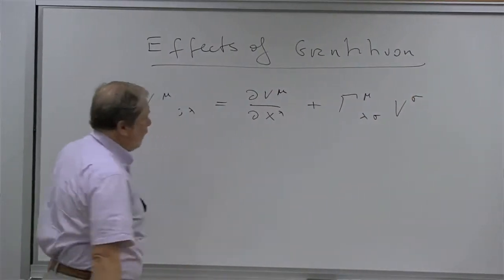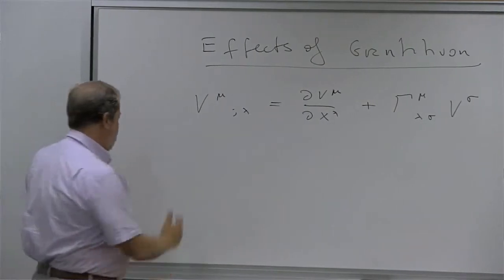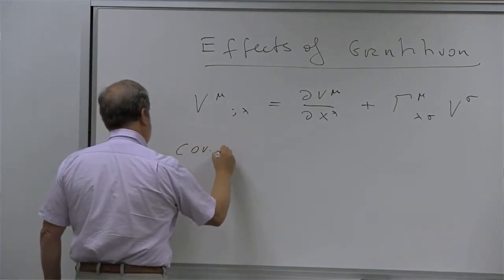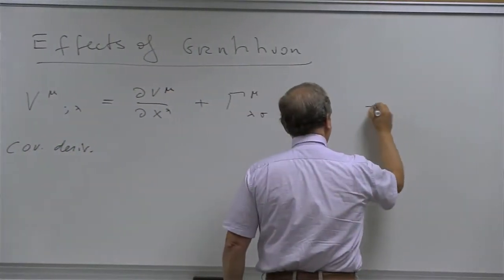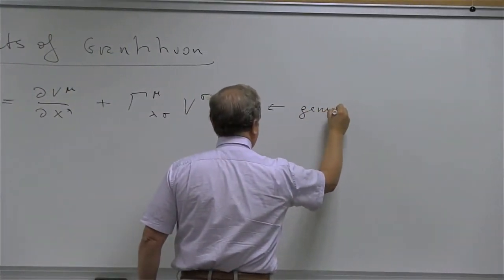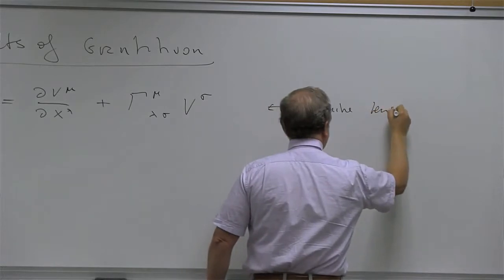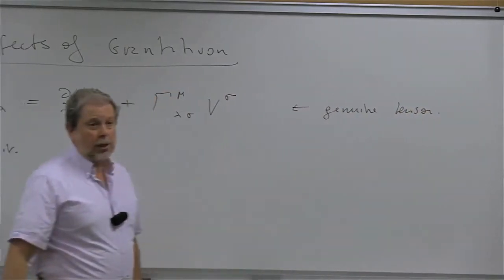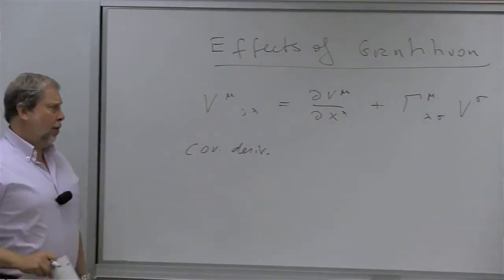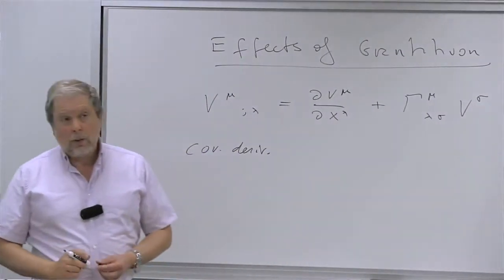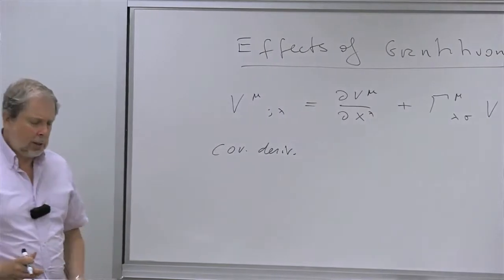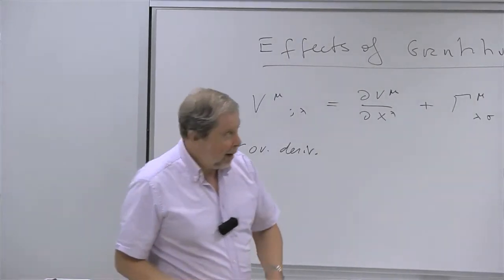If we do that, then this is the covariant derivative. This is a genuine tensor, so it transforms in the way that we expect, which means that when we use it to construct equations, they will be manifestly covariant.